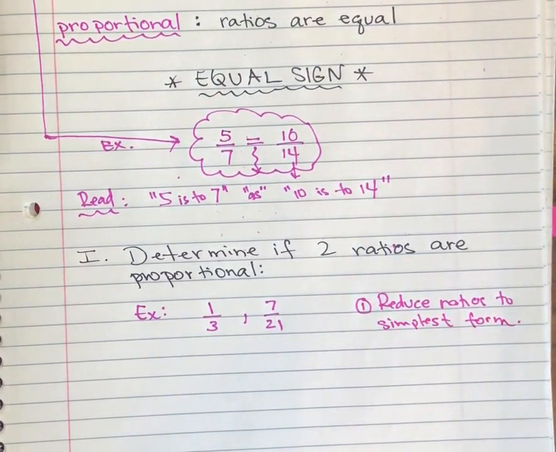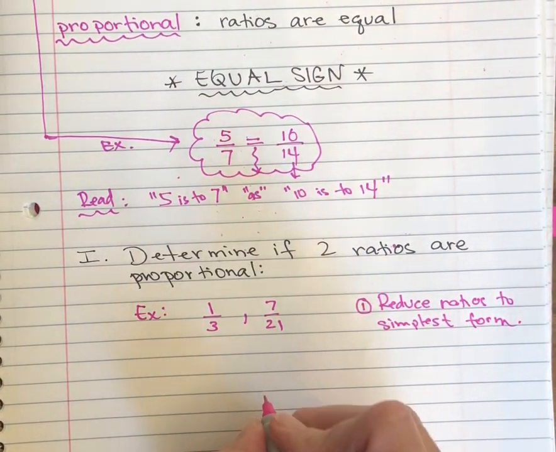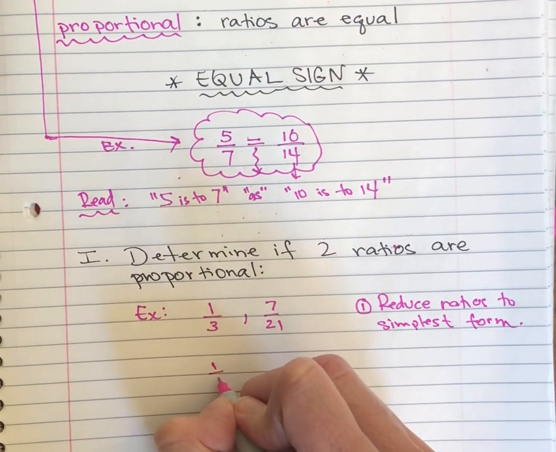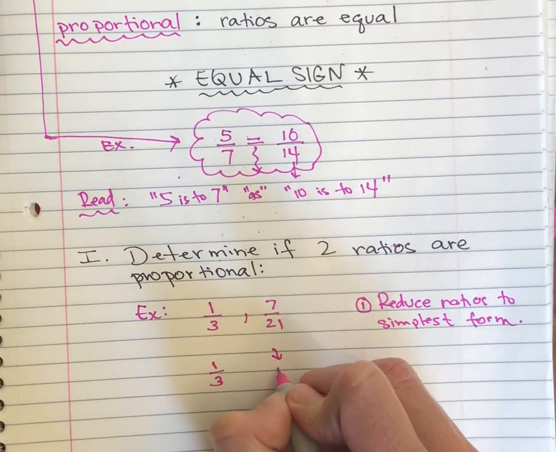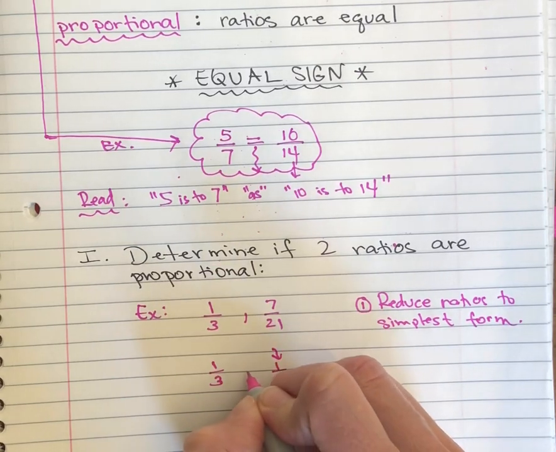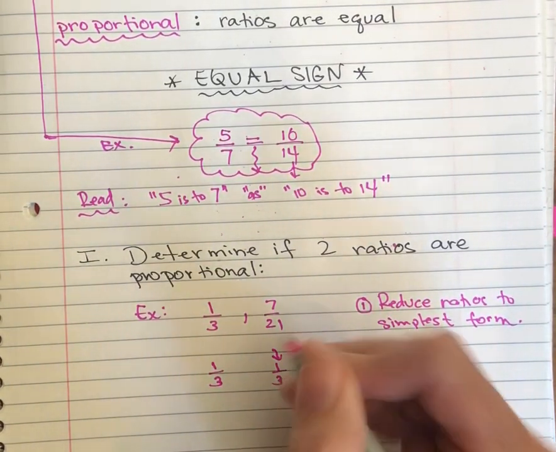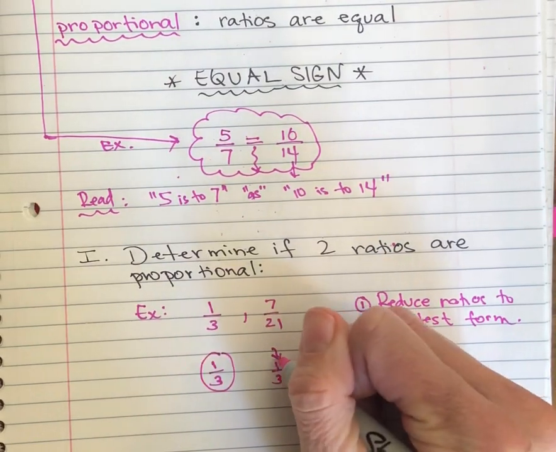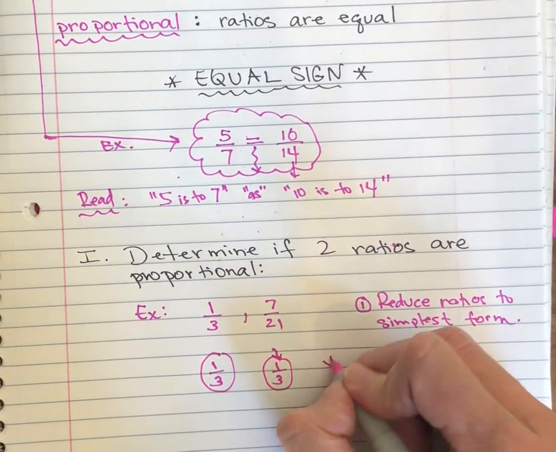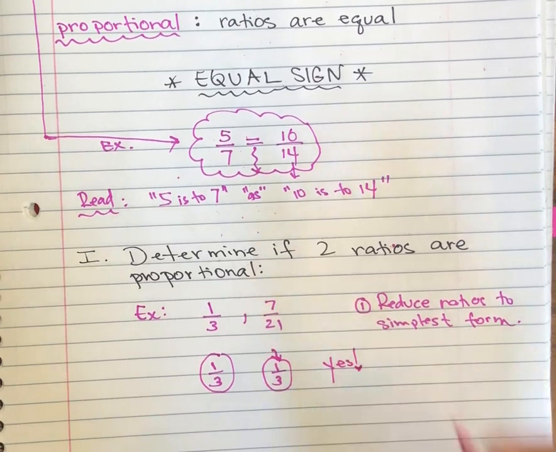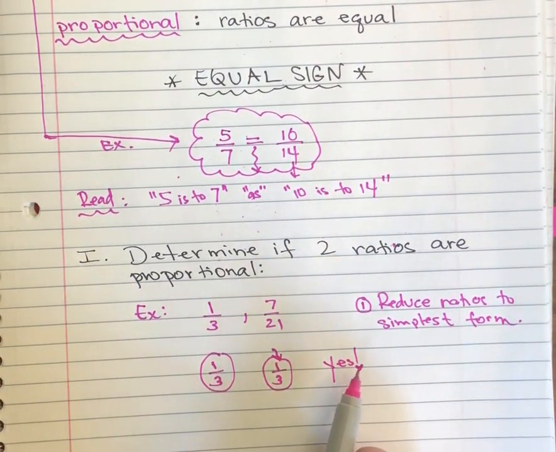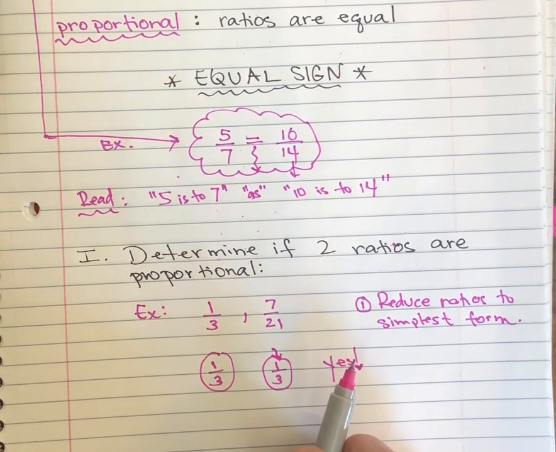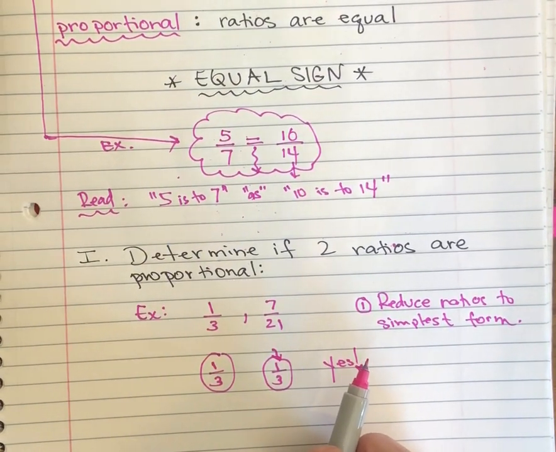Okay, so we could say, well, 1 to 3 is already in simplest form. 7/21, well, that actually reduces to 1 to 3. These two ratios are equal, which means yes, they are proportional. So on a test or quiz, you could write your answer as yes, or you could say, yes, they are proportional. Okay?